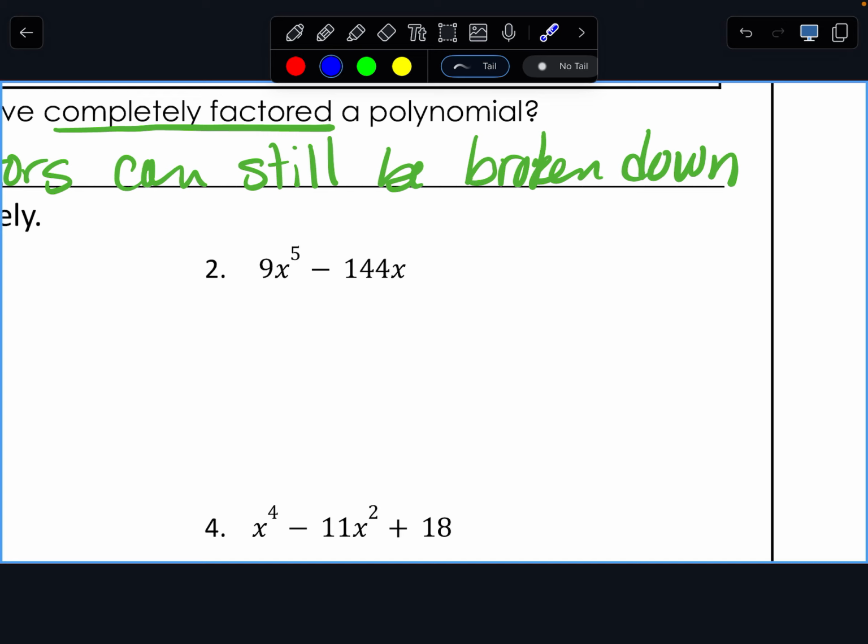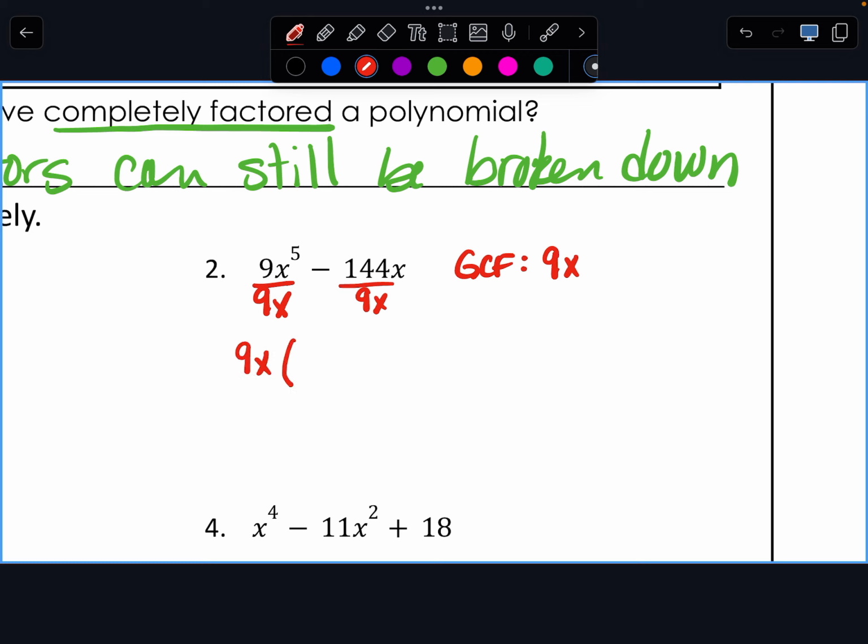So I can divide out a greatest common factor of 9x. So I can divide these both by 9x so that I get 9x times x to the 4th minus 16.